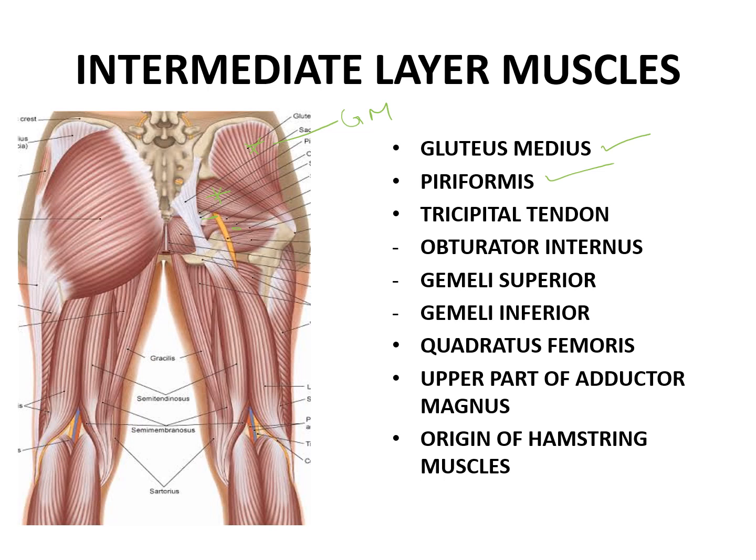All these together, obturator internus, superior gemelli and inferior gemelli, are called together the tricipital tendon. Then we have one more muscle here, which is the quadratus femoris. Then we have the upper part of the adductor magnus muscle and the origin of the hamstring muscles. So these are the muscles in the intermediate layer.